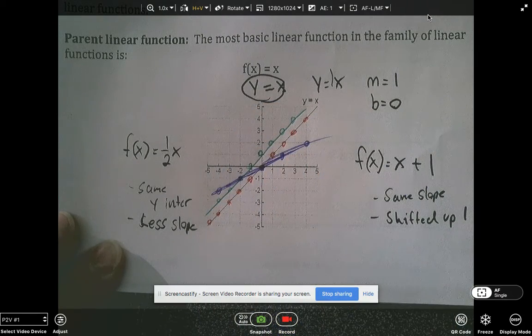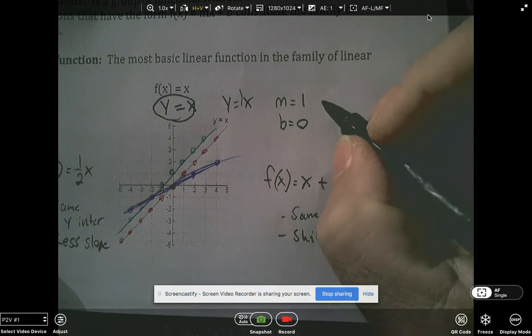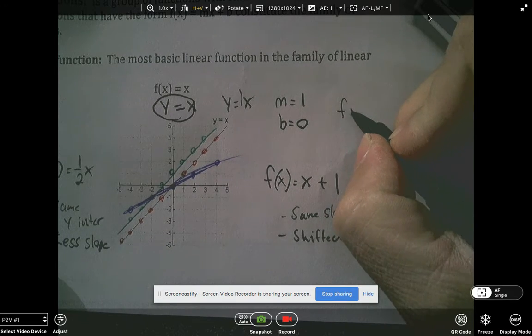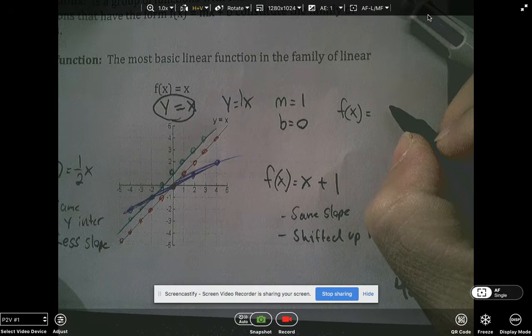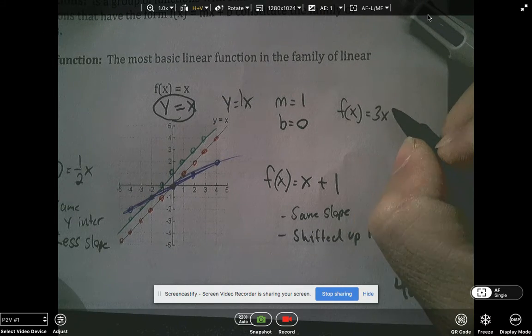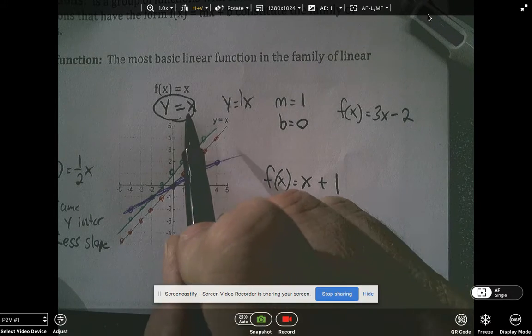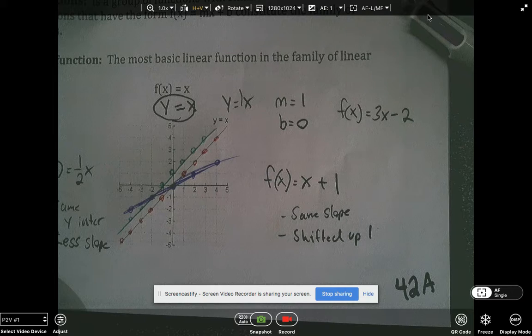Let's do one more, and then we'll look at the notes here. Let's say we compared f of x equals 3x minus 2. That's very different than our parent function. When you compare it, what are the differences?